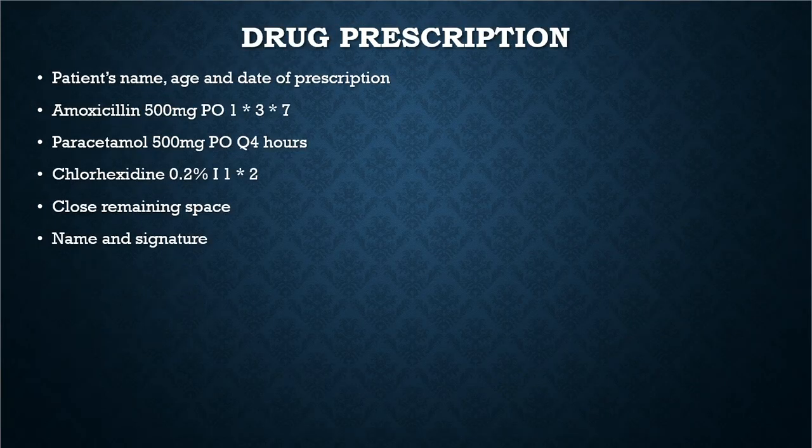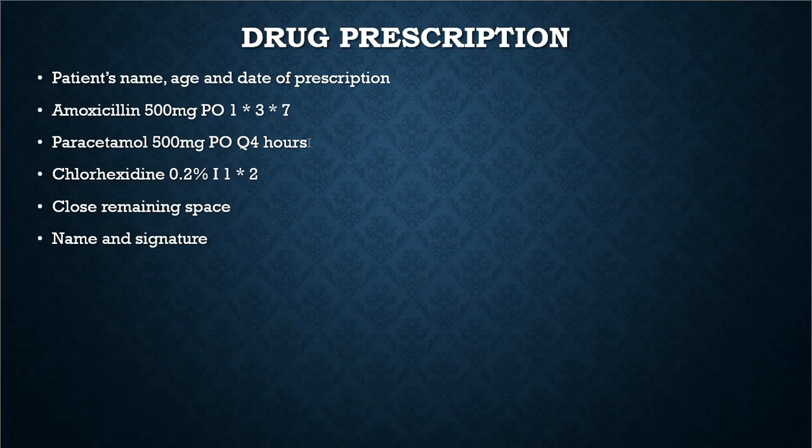Okay? So, this is an example of prescription. We say the patient's name, the age, the date of the prescription. For example, here we wrote amoxicillin 500 milligrams per oral, 1 by 3 by 7, up to 7 days. 3 pills daily. Paracetamol 500 milligrams PO per oral, Q 4 hours.